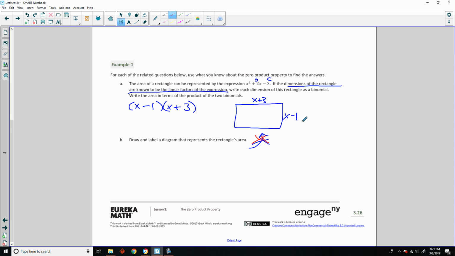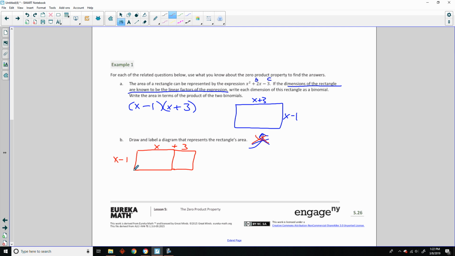All right. So we have x minus 1 and we have x plus 3. So if I were to do this again as a rectangle over here, let me put x minus 1 over here. And this is just x. And then we're going to add 3 over here. So I don't know if x is 3 or what it is, so I'll make it a different size. So there's x plus 3, and here's x minus 1.